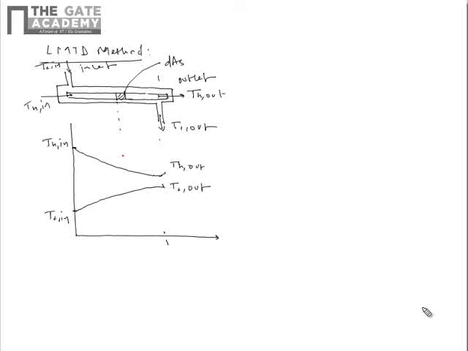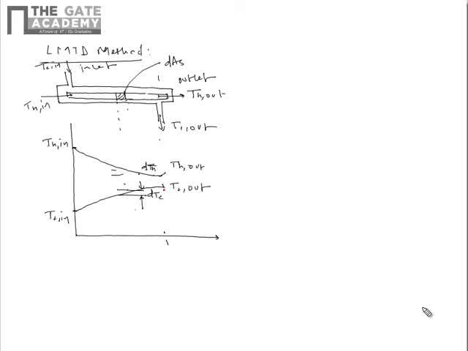So consider a small cross section of dAs. If we consider this portion, in this small cross section dAs, there will be some temperature drop of hot fluid and increase in temperature of cold fluid.